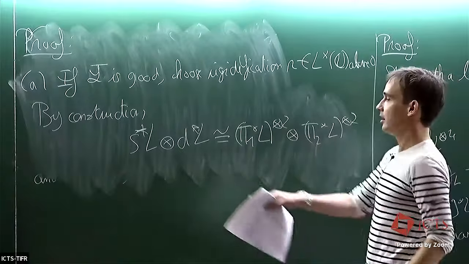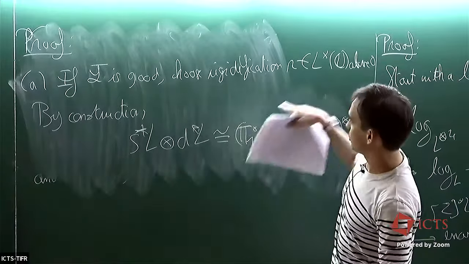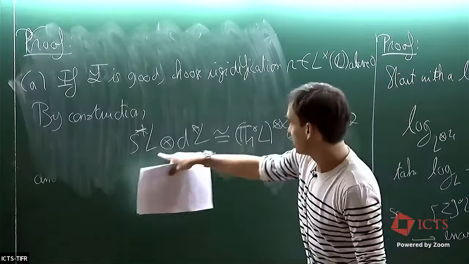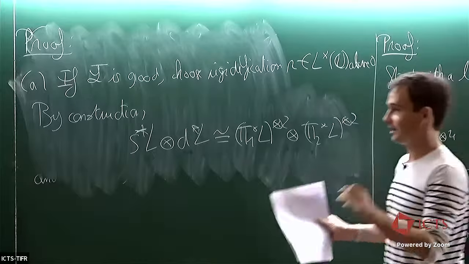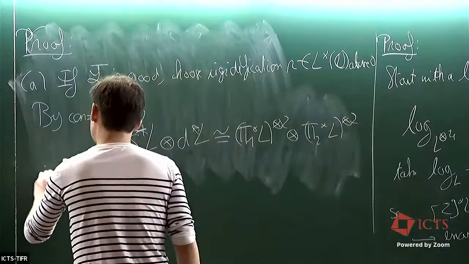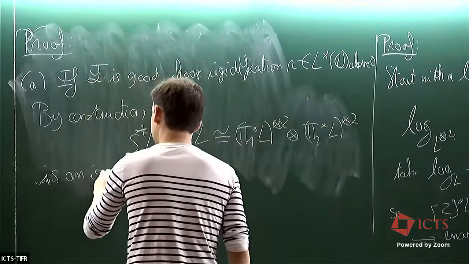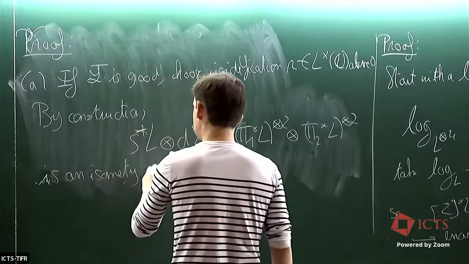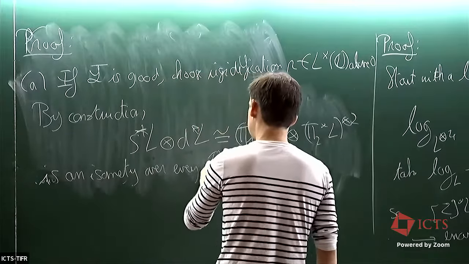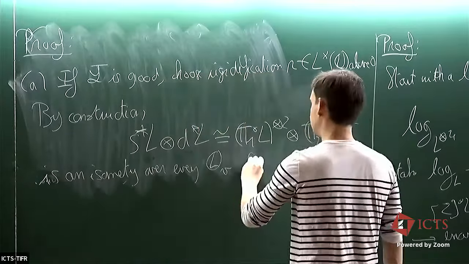By which I mean these are isomorphic, and because I have chosen rigidifications, there is a unique isomorphism from there to there, and I've done it exactly so that it's an isometry over every Qv. Finite. We don't care about the infinite place.